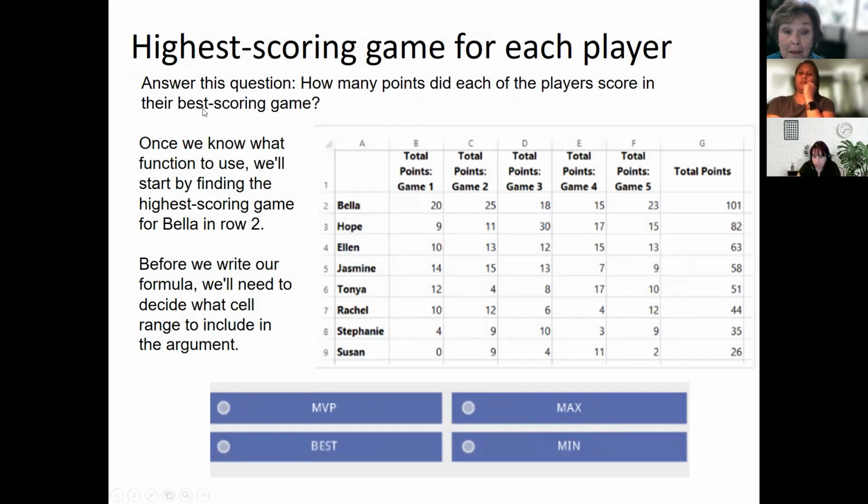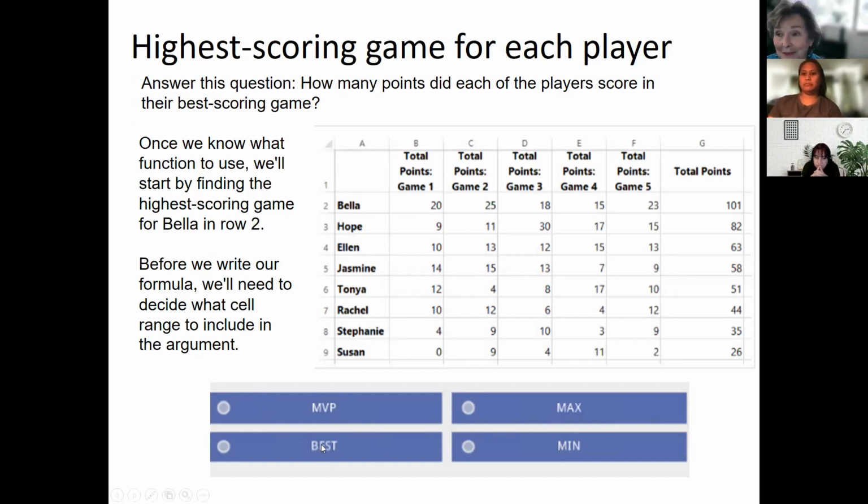So answer this question: how many points did each of the players score in their best scoring game? What function are you going to use to find their best scoring game? Most valuable player, best, maximum, or minimum?